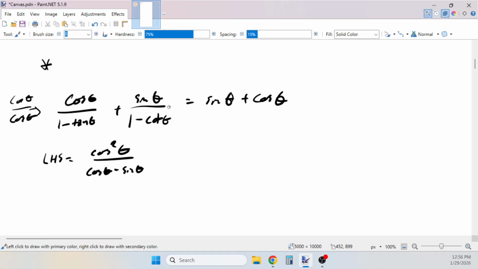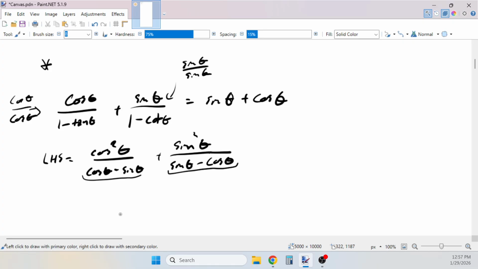On this side, I'm going to multiply by sine theta over sine theta. That gives me plus sine squared theta over sine theta minus cosine theta.